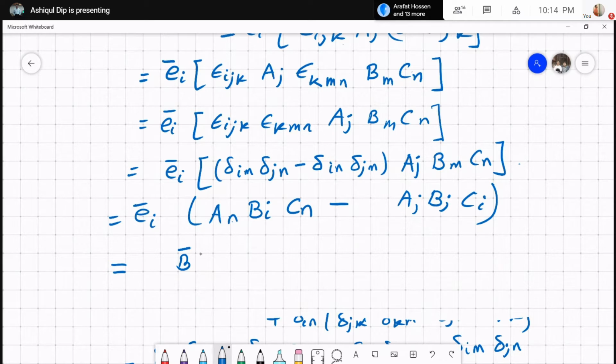Dot. Dot between what? A and C, right? Yeah. A dot C. Minus. So reconstruct the full vector like EI, CI, it gives you C vector. And AJ, BJ, what's that? It's the dot product between. So we got our result, right?